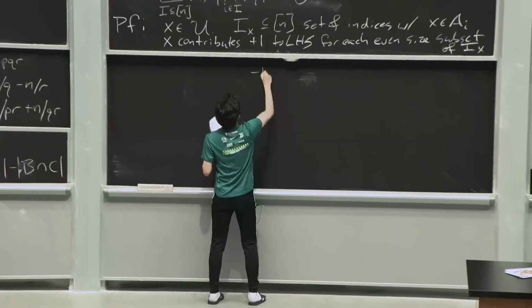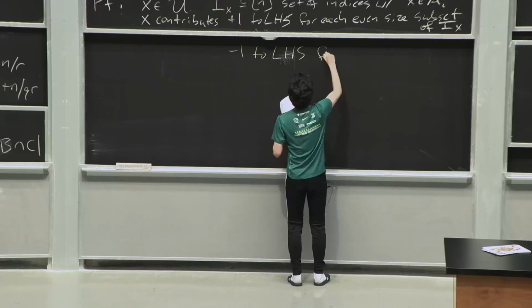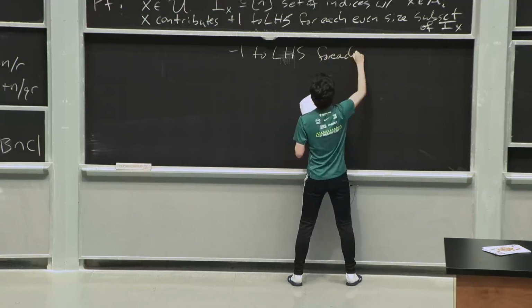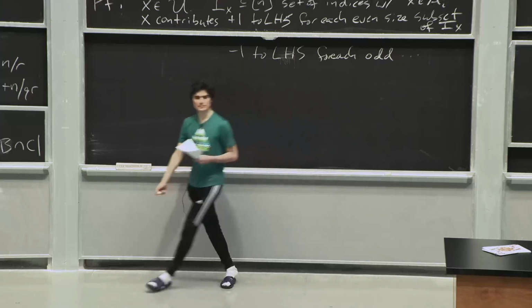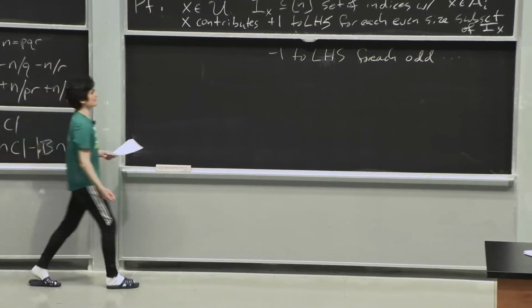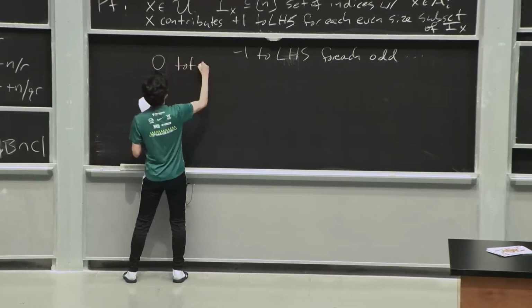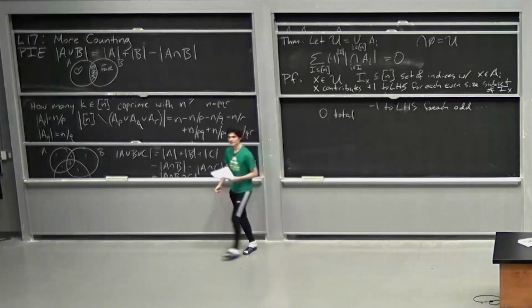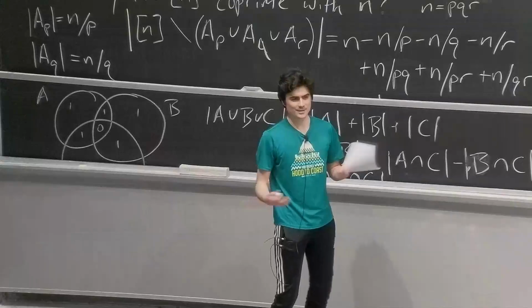And it contributes -1 to the left-hand side for each odd size subset. Okay? So when we add all of those together, we get 0. So every element of our universe contributes 0 to the left-hand side, so we get 0.